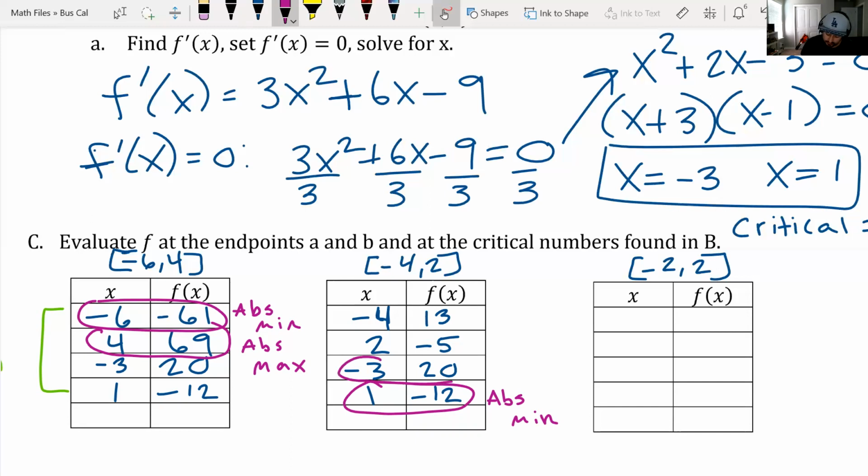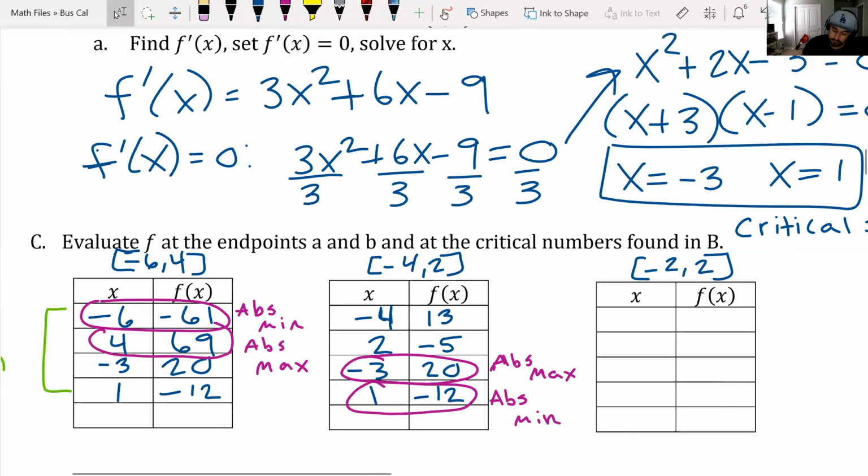That happens at -3 and 20. So that's my absolute max. Perfect.